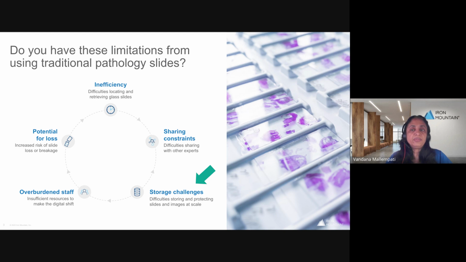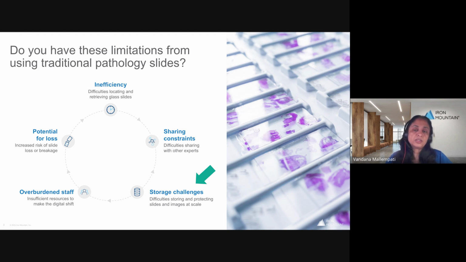All of this inefficiency leads to overburdened staff. We saw in the pathology trend slide that the pathology space is quickly approaching a 10% growth rate. This means that staff are being asked to do more with less. It's an industry-wide challenge. And the next drawback is the potential for loss.